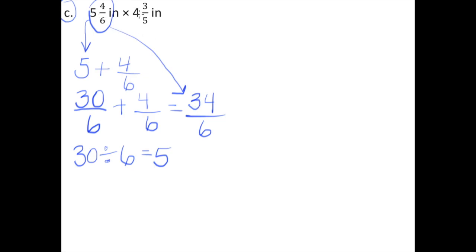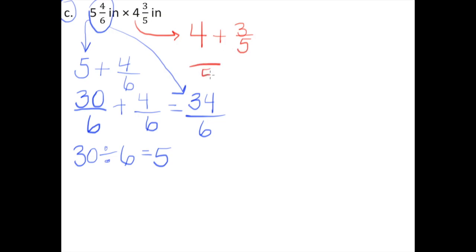Now we need to rewrite 4 and 3/5 as an improper fraction. So let's choose a color. I'm going to choose Cubs colors. So 4 and 3/5 is equal to 4 plus 3/5. We need to rewrite 4 as fifths.